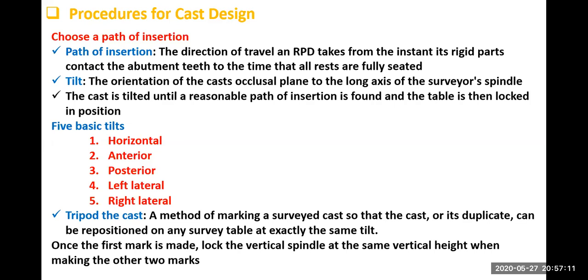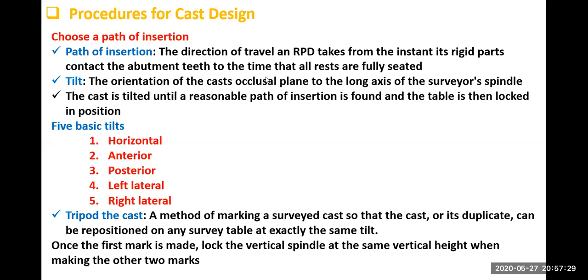This is how the path of insertion can be useful, and this has to be part of your design, ensuring that you make a denture that the patient can insert and remove from the mouth.